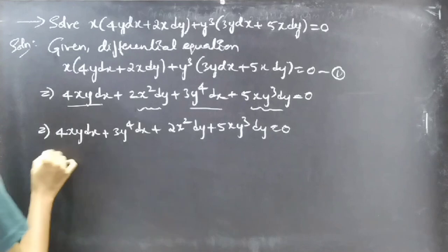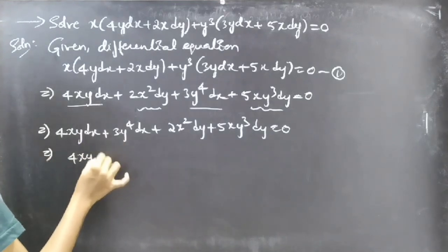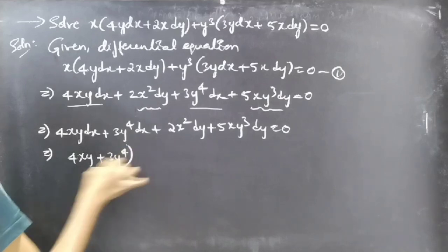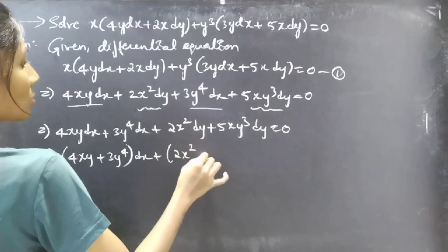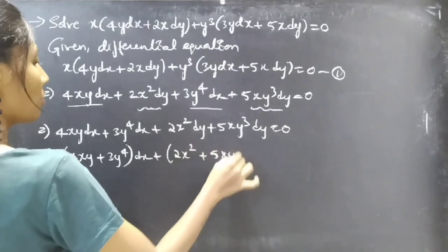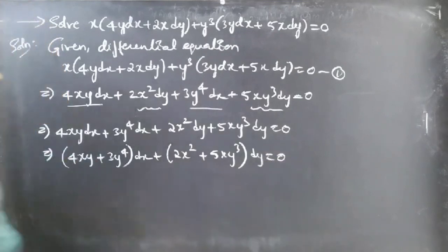Right? Now take dx common from the first two terms. You'll get (4xy plus 3y power 4) into dx plus (2x square plus 5xy cube) into dy equal to 0, right?